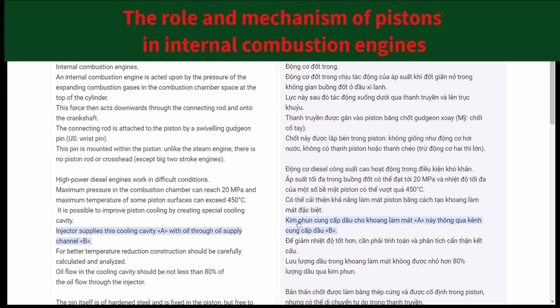The injector supplies this cooling cavity, A, with oil through oil supply channel, B. For better temperature reduction, the construction should be carefully calculated and analyzed. Oil flow in the cooling cavity should be not less than 80% of the oil flow through the injector.